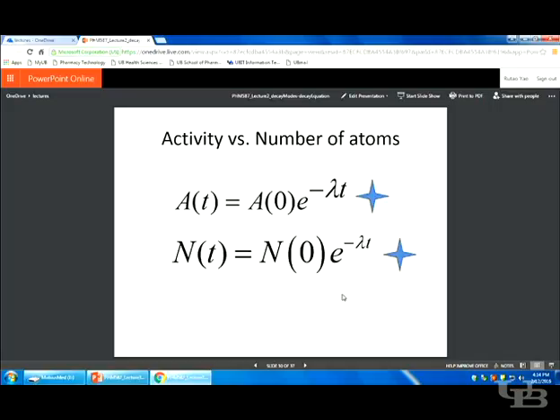And then we started some decay equations, and these two equations are the formulas we can use to calculate the activity, A, or the number of atoms, N, as a function of time for a radionuclide.